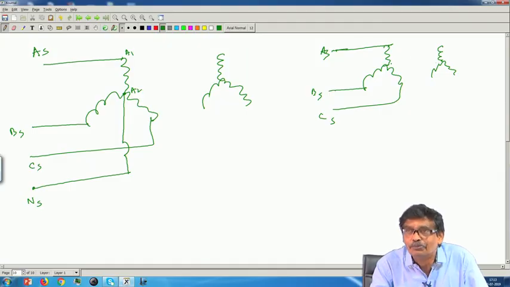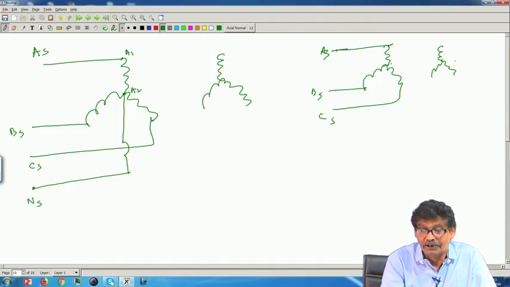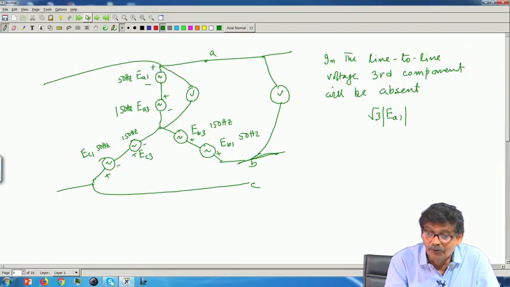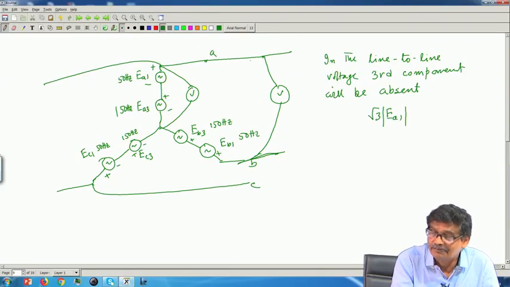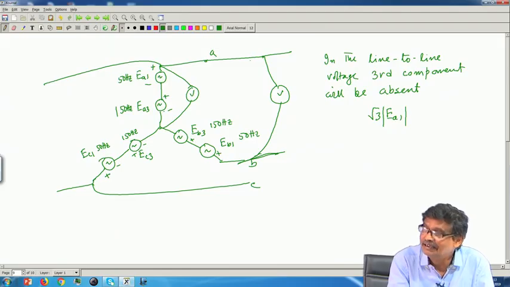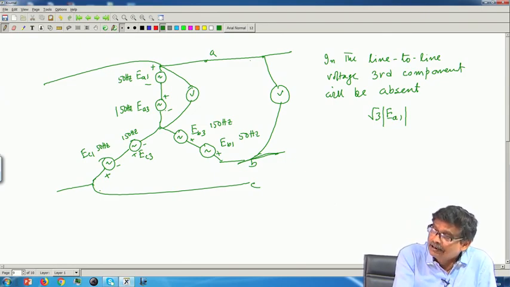But that notion is to be changed now, because we know that similarly in the primary side there is a fundamental component voltage and there is a third harmonic. Read this as capital A 1, B 1, C 1, also the same thing. So between the lines only fundamental will come.